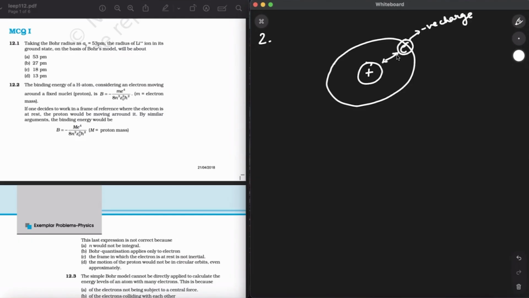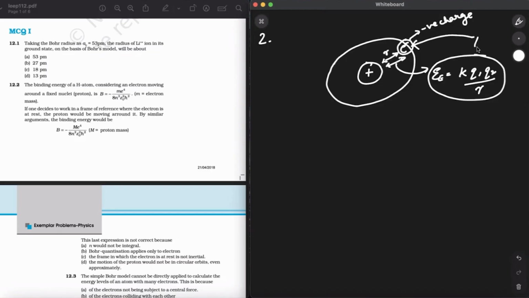Alright. So this is the binding energy. If you somehow provide the same amount of energy, or an energy greater than this binding energy, then this electron will lose its interaction with this nucleus and be gone.